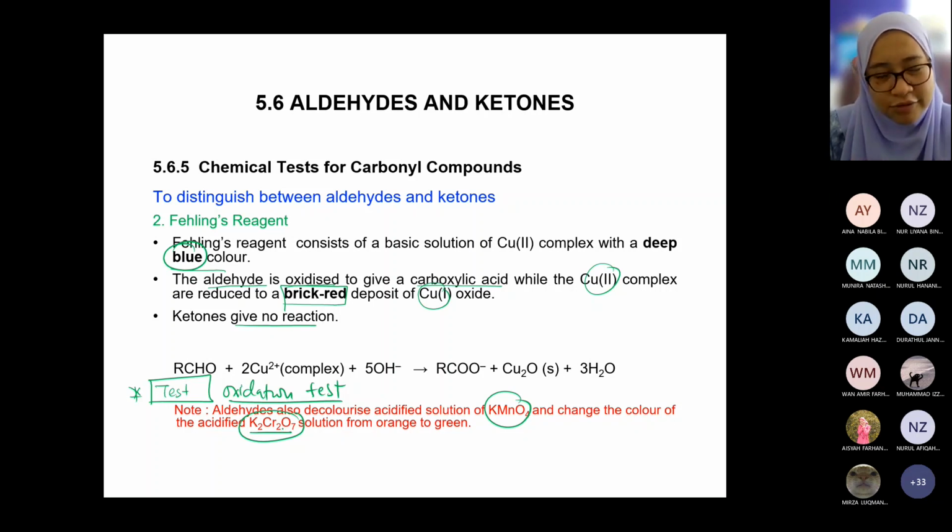So we can distinguish between these two using this oxidation test. If you are using KMnO4, aldehyde will decolorize the purple color. If you are using potassium dichromate, it will change the color of the solution from orange to green. This is for aldehyde. Ketone will not give a positive result for either of these two.